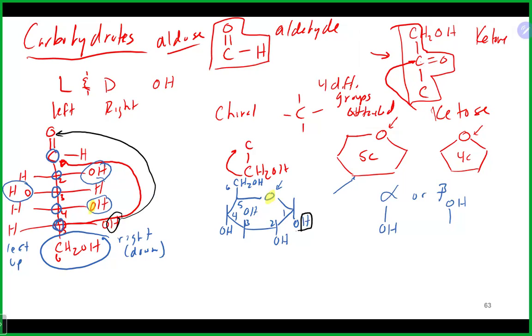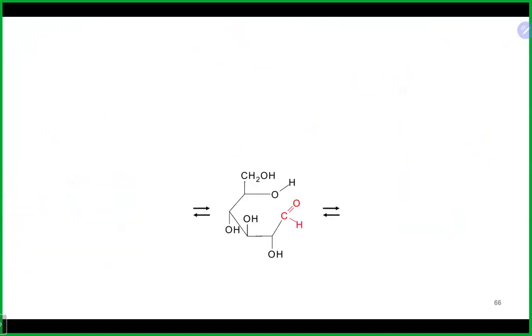That's why we skip 5, because that guy gets incorporated in the ring, which is really where the carbon and oxygen double bond is located. Any questions on that stuff there? All right, then let us continue on here.